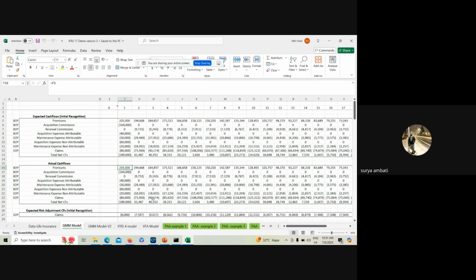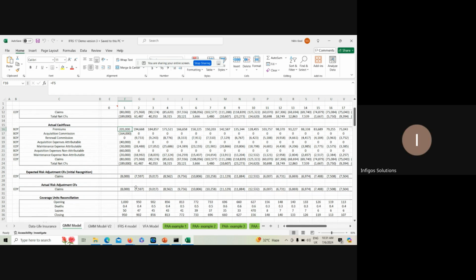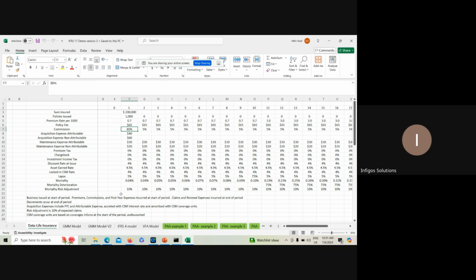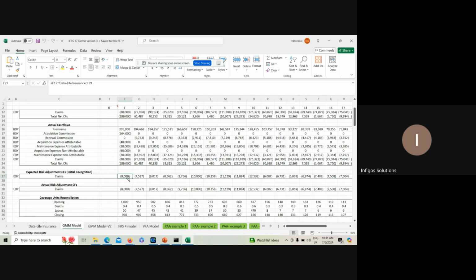Then there is something called risk adjustment. So you need to make an assumption about the risk adjustment. We have made the assumption that the risk adjustment is 10% of the claims. So 10% of the claims means this value multiplied by 10%, and it becomes 8,000. Is this okay?